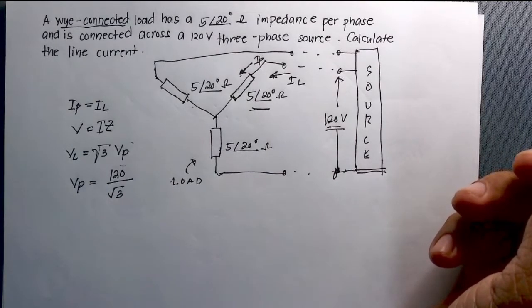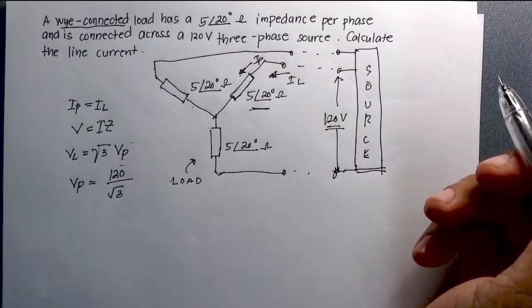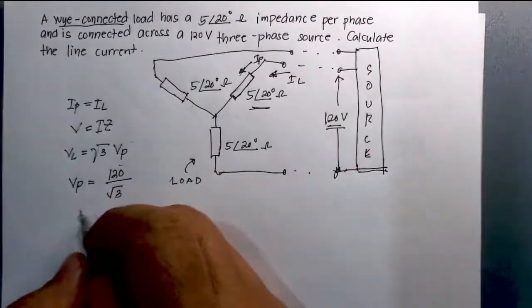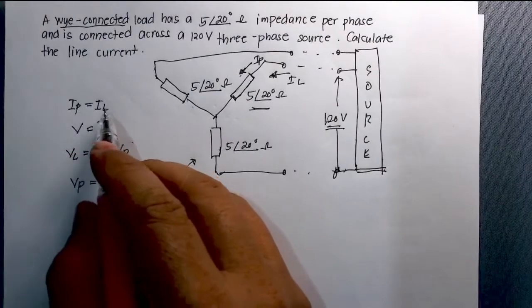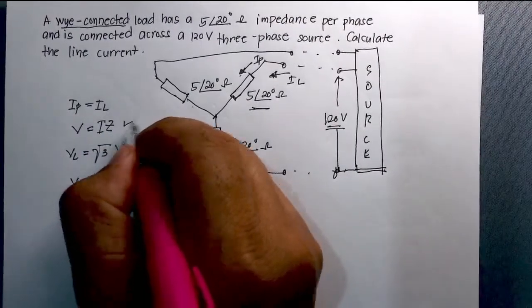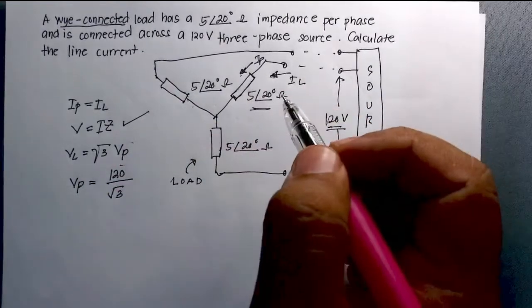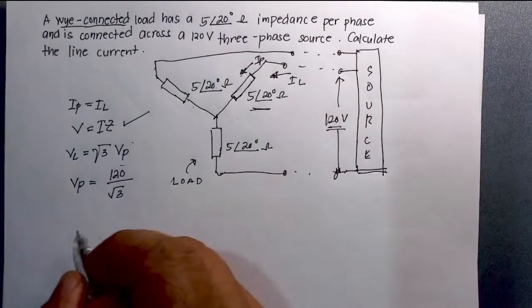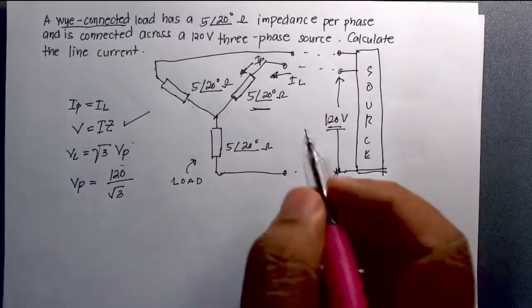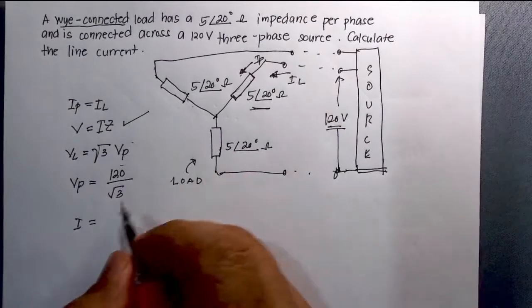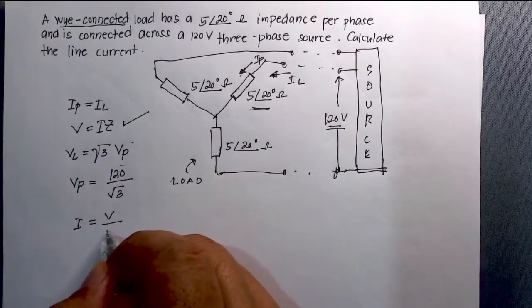Okay. So to be able for us to calculate the line current, since phase current is equal to line current, we are using again this concept from Ohm's law. So we have here I is equal to the voltage over the impedance.